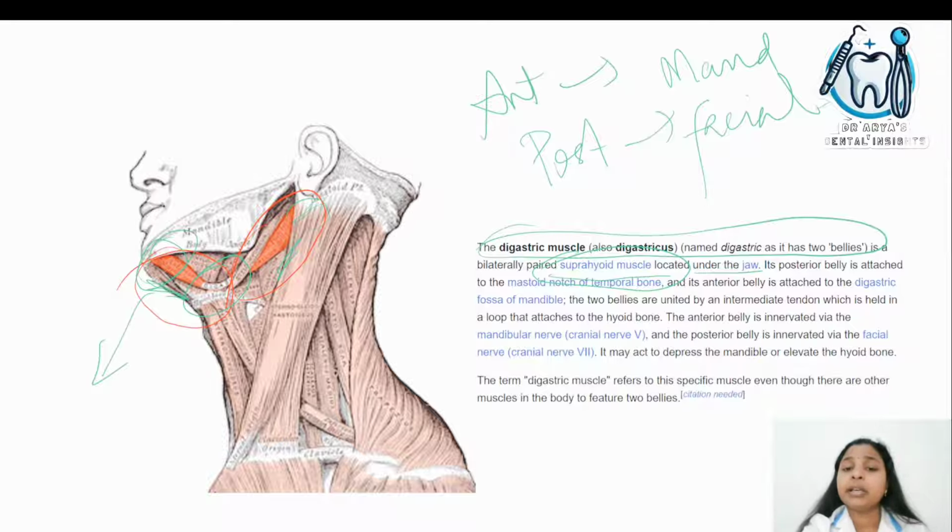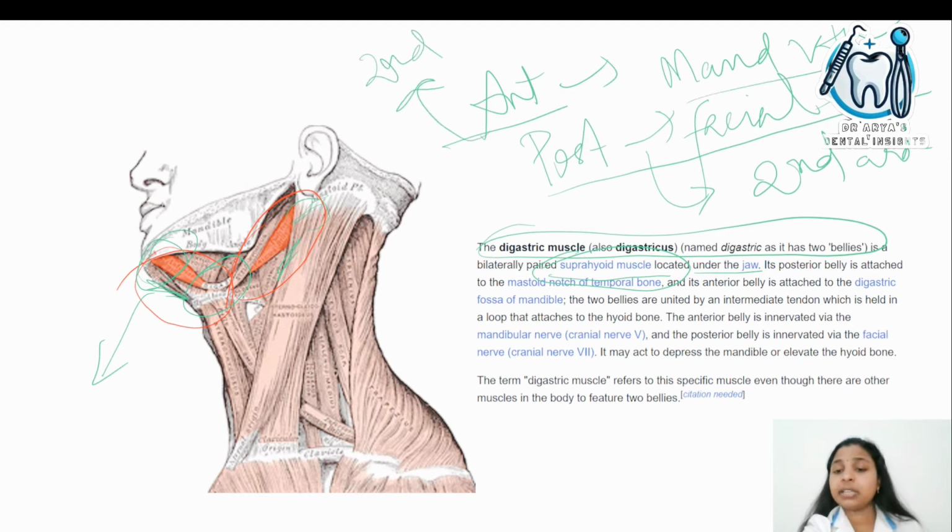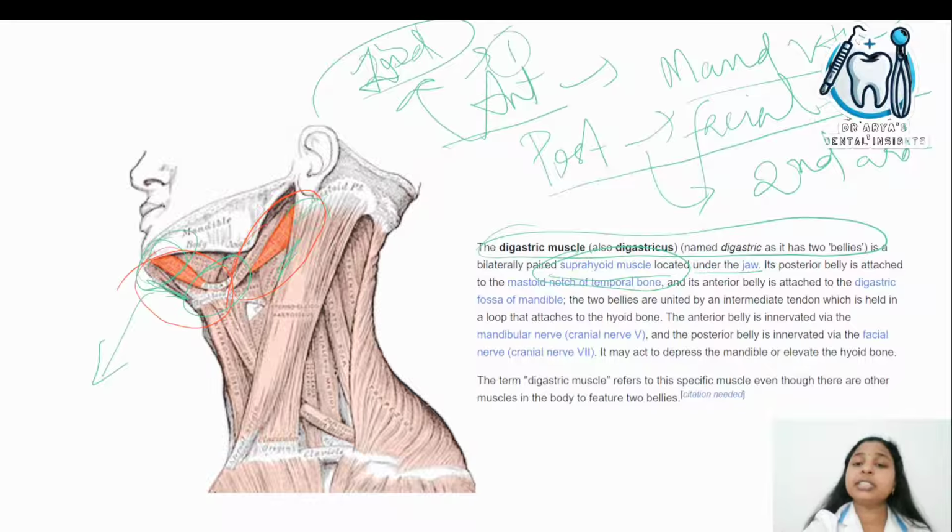The posterior belly is derived from the second pharyngeal arch, and the anterior belly arises from the first branchial arch. So anterior is first and posterior is second.